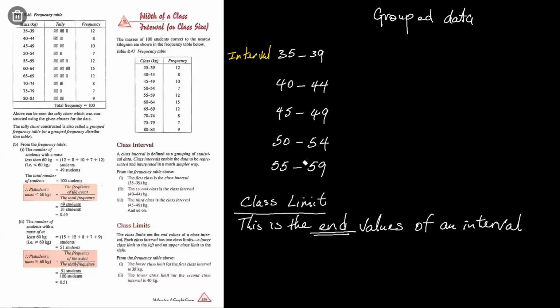That's correct. She said 54. The upper limit would be 54, and she's right. Let me just circle it with yellow. So interval 4, the upper limit is 54.